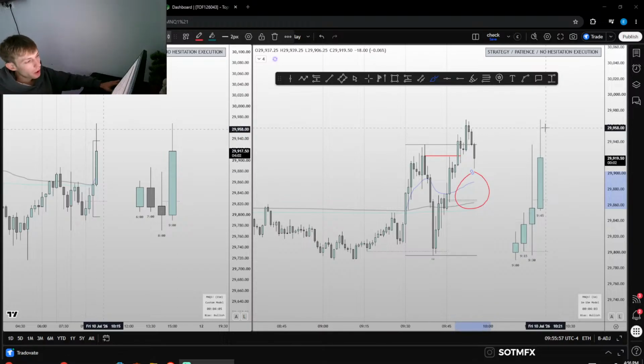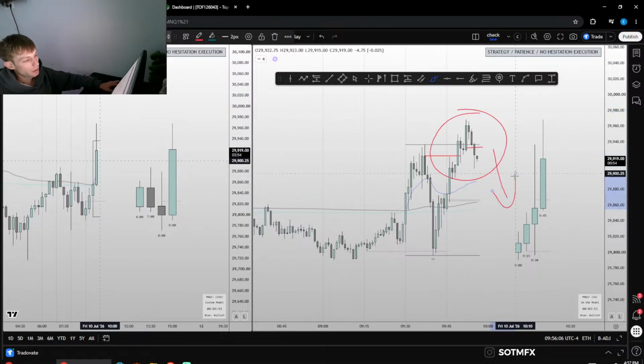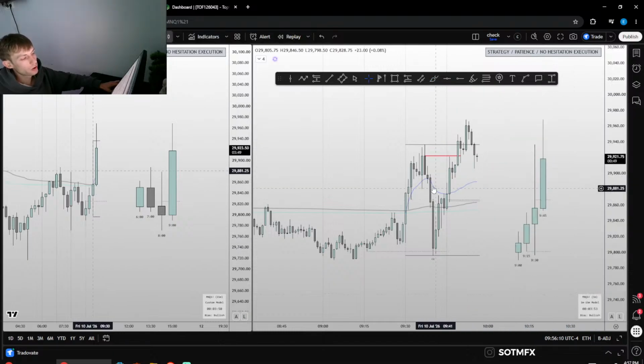Even if price does close below here, now we have CISD to the downside, but price must close below the New York, which is the blue line.